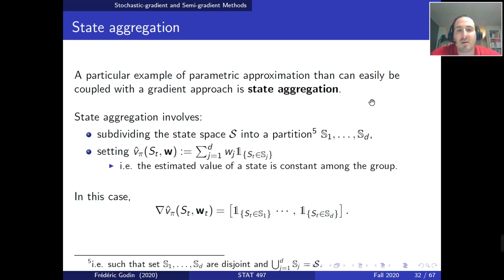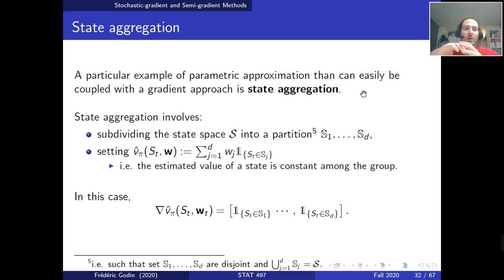So in the state aggregation approach, what we assume is that our approximation entails that we regroup sets of states together, and for any state within a given subset of states, the value function is the same.